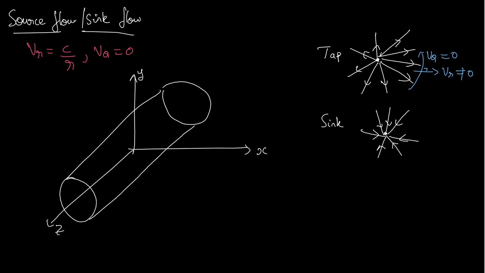I assume it to be of finite length L, and this is the center. This is the radius vector. If we take some point here, this is the theta that we'll be measuring in a cylindrical coordinate system.